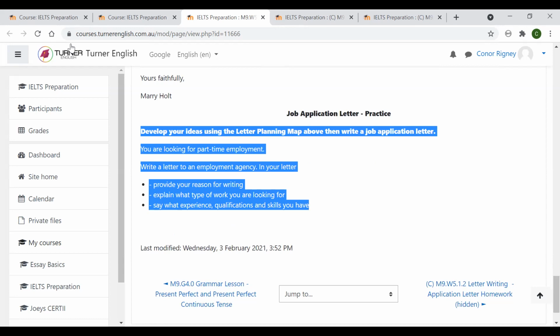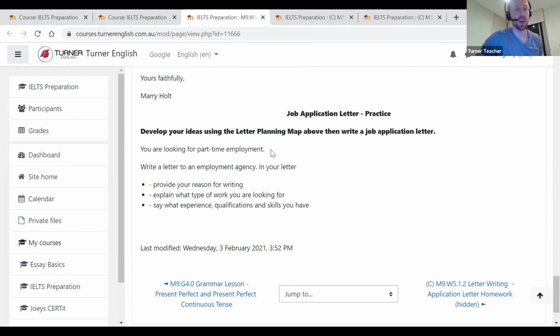Mr. Carter, we have to write a letter to explain these reasons? Yeah, so basically you are looking for a job. And it says here employment agency, but you can just say any job if you want. So for example, is there a restaurant near your house? Or maybe Woolworths. You have a Woolworths?